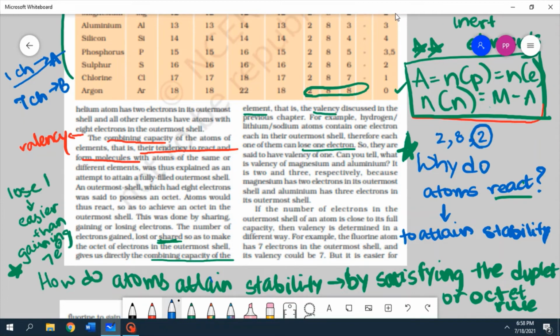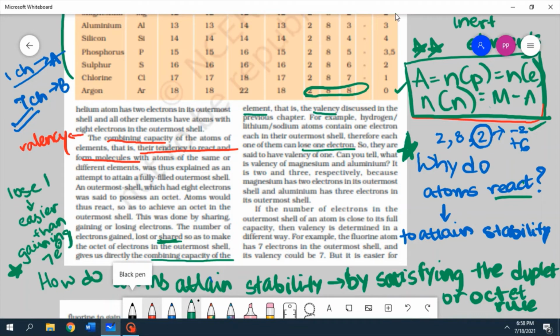It needs to reach 8 in its outermost shell. It doesn't matter whether it reaches 8 in the third shell or in the second shell. So would it be easier for magnesium to give 2 electrons or gain 6 electrons? Based on the chocolate example, it would be easier for magnesium to lose 2 electrons. So its valency would be 2.